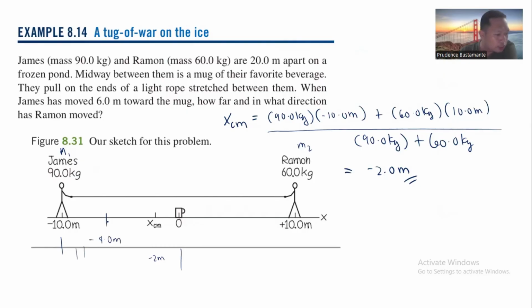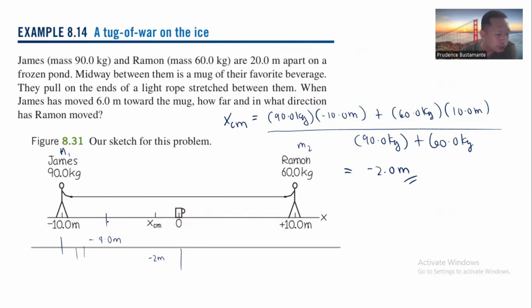Now, Ramon's new coordinate, let's call it x2. The center of mass doesn't move, so if the center of mass is the same, how far and in what direction has Ramon moved?